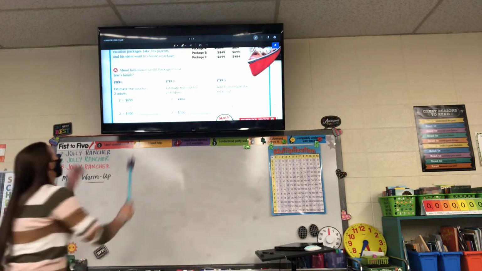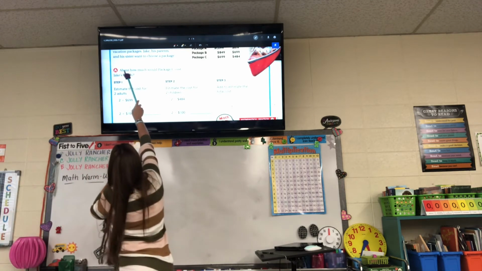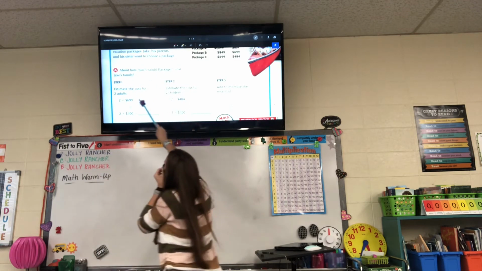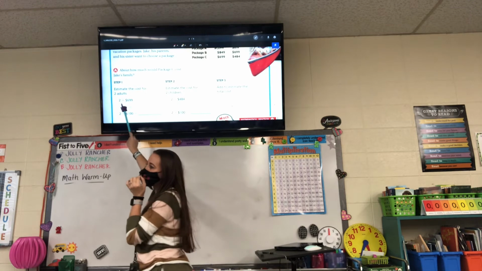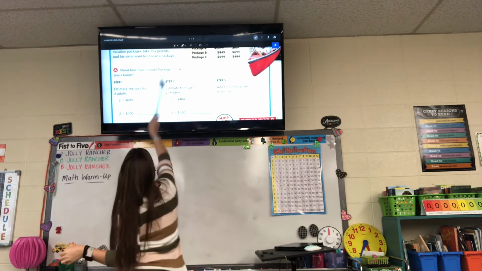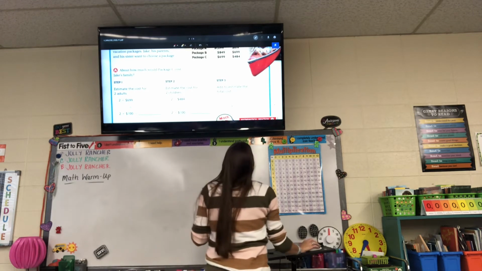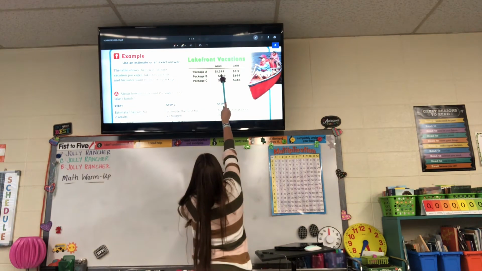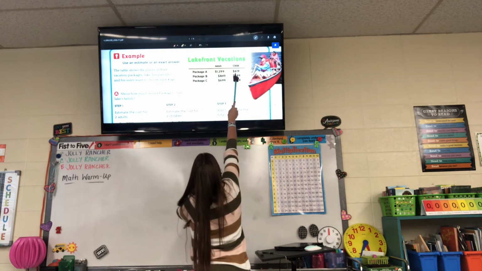Okay, here we go. It says about how much would package C cost Jake's family. They've done us the favor of giving us the numbers. Estimate the cost for 2 adults. Look here, guys. Here's package A, the adult ticket price, the child ticket price.